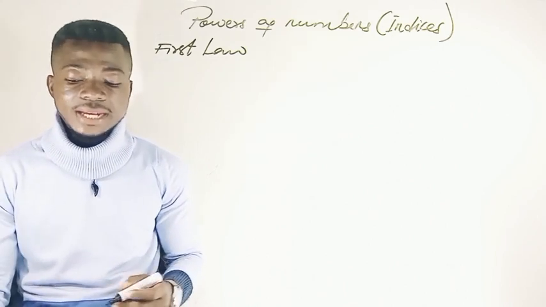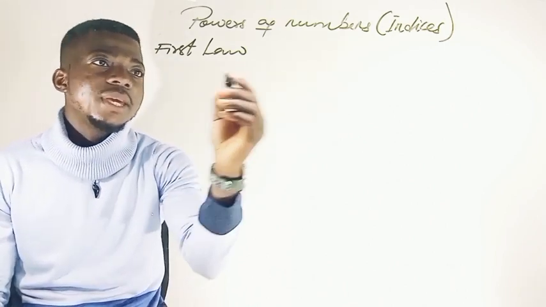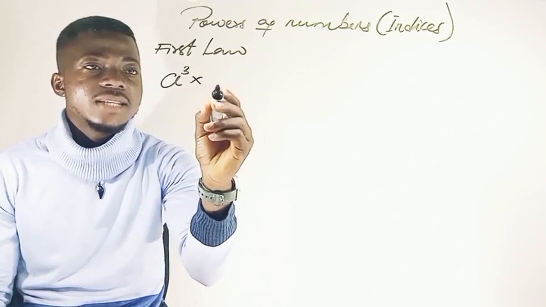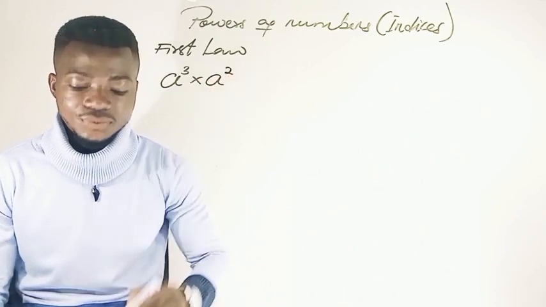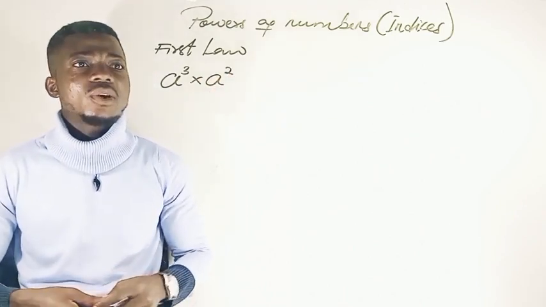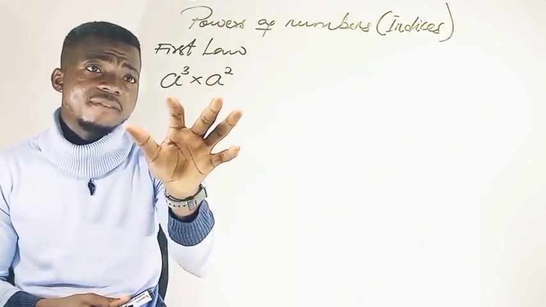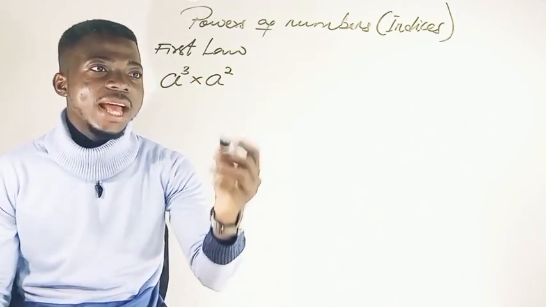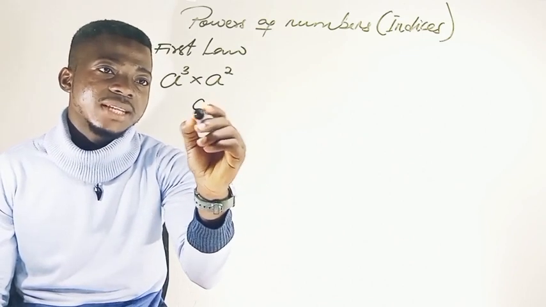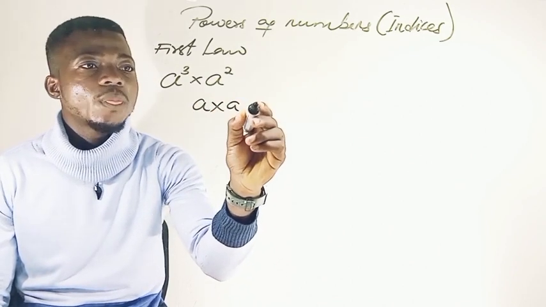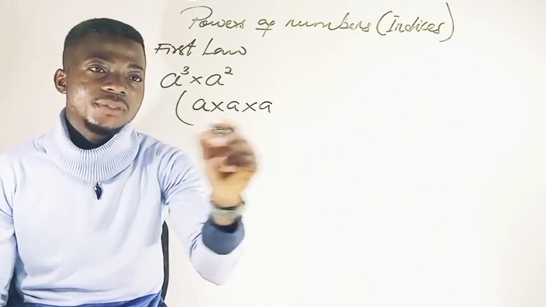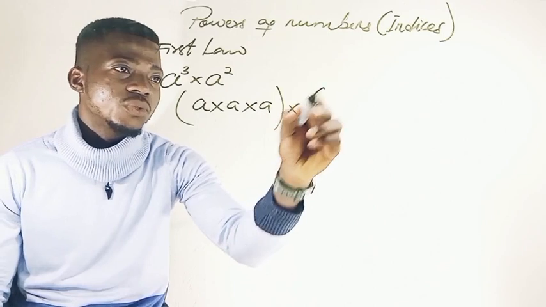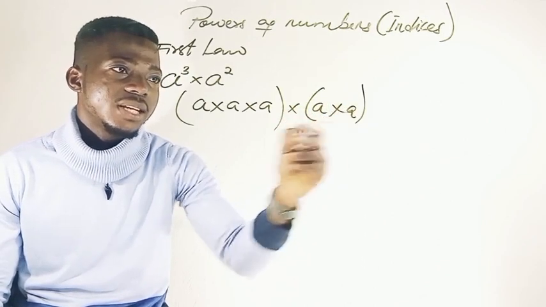Maybe you have a exponent 3 times a exponent 2. With the first law, the multiplication law, a exponent 3 can be written as a times a times a. Then we have times a exponent 2, which is a times a.